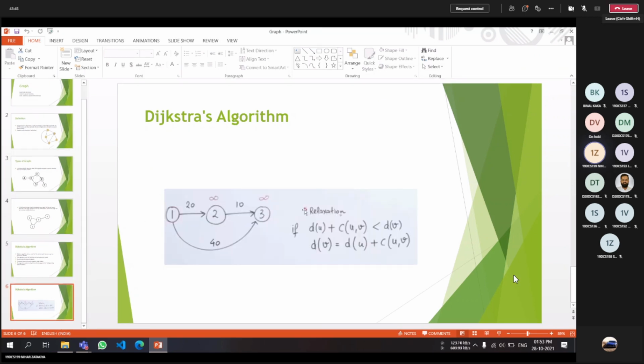Here you can see the main part of Dijkstra's algorithm, where d of u plus c of u,v is less than d of v, then d of v is equal to d of u plus c of u,v. As you can see, there is an example of that, ma'am.